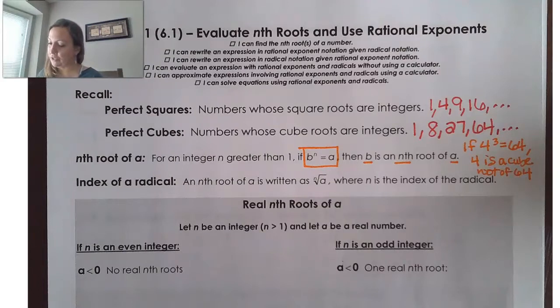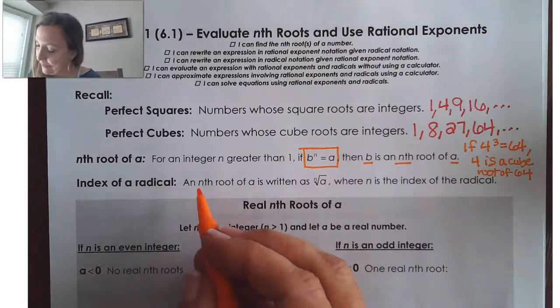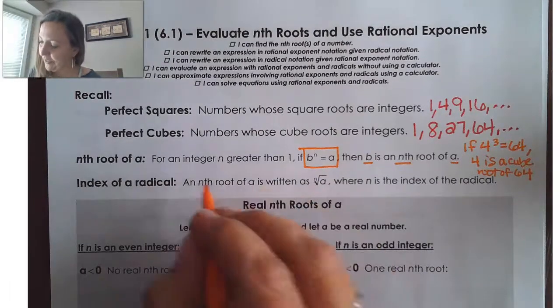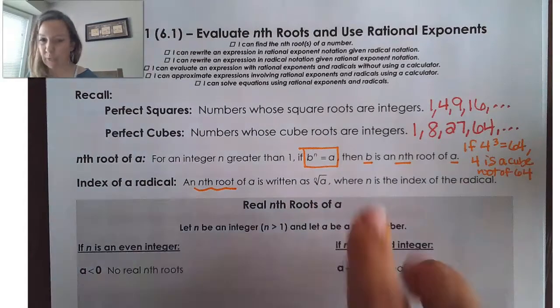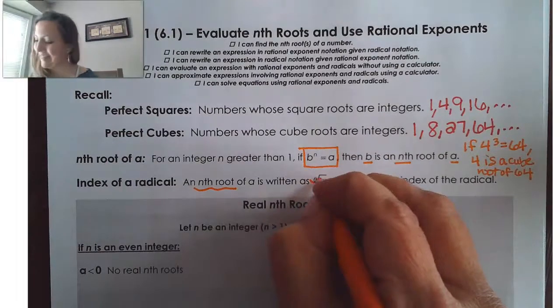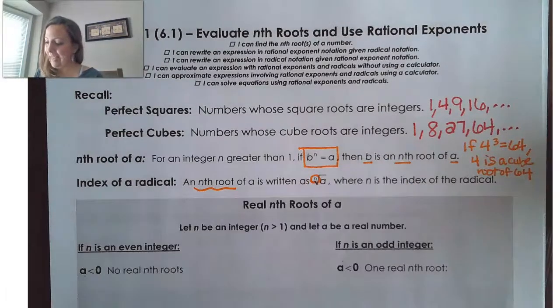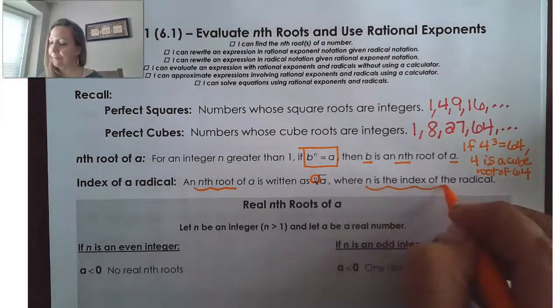I'm also going to talk to you today about the index of a radical. An nth root of a is written like this, where we're going to use the square root symbol, but we're going to put this here, and this is called the index of the radical.